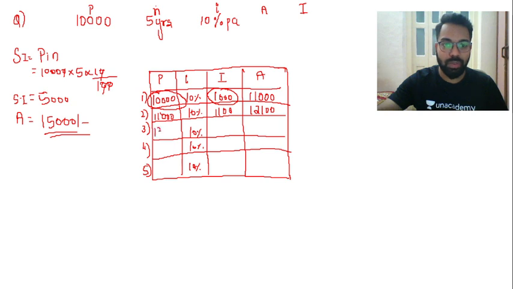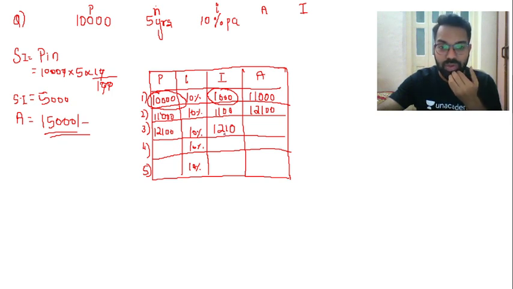Okay, so this is nothing but 1,100 at 10%, which will give you a return of 110. So this is nothing but 1,000 rupees from 10,000. This 1,000 rupees gives you an interest of 100. This 100 gives you an interest of 10.